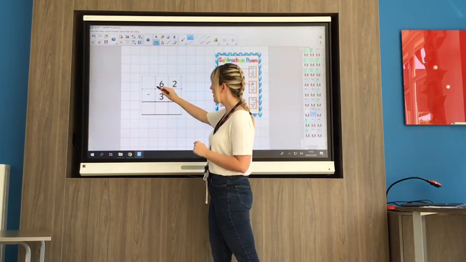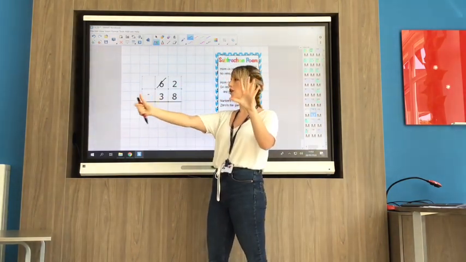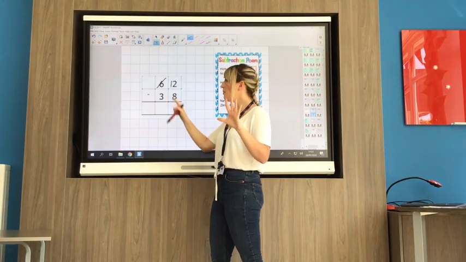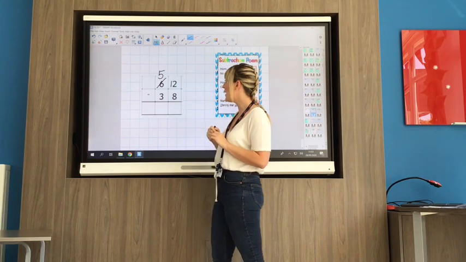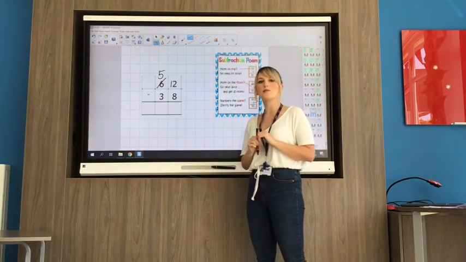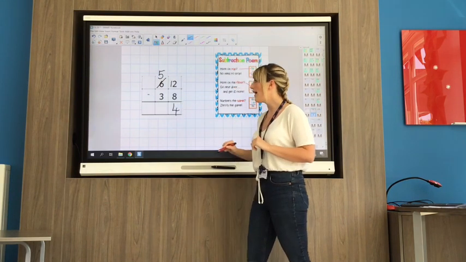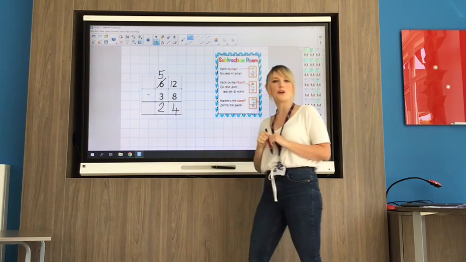I'm going to cross out my 6 tens. So, I had 6 tens. I'm going to borrow 1 to make that 12. Okay, if I've borrowed 1 ten, I'm left with 5 tens. That's going to change to a 5. I've now got 12 subtract 8, which I know is 4. And I've got 5 subtract 3, which I know is 2.